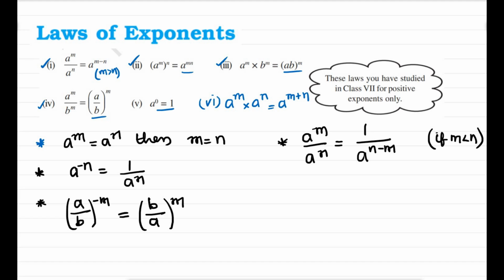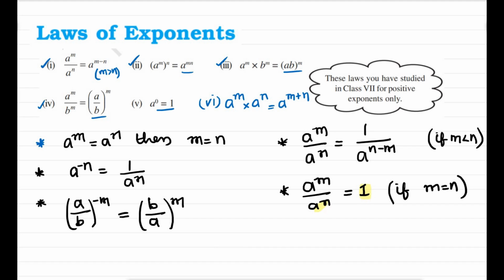So these are the laws of exponents so far, which we are going to use, and we can derive even one more from this. a power m by a power n is equals to 1 if m is equals to n. Why? Because both will cancel and you'll get remainder 1.